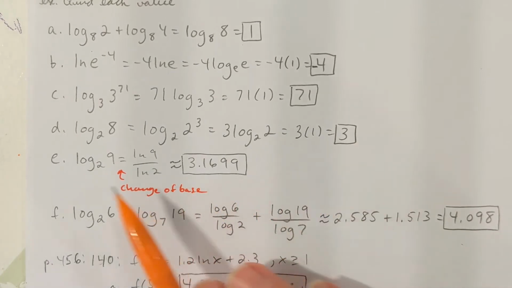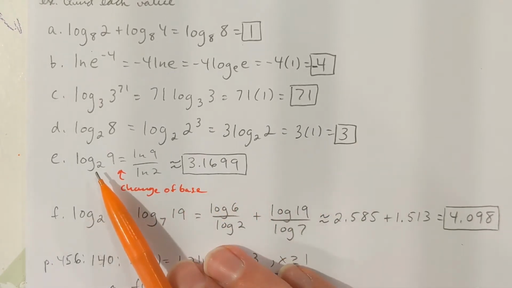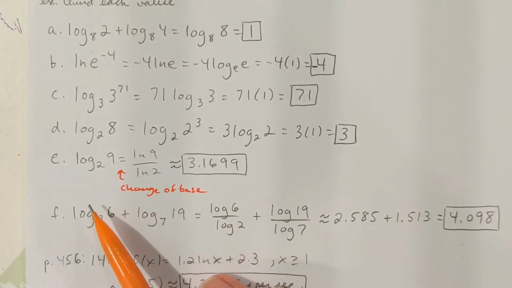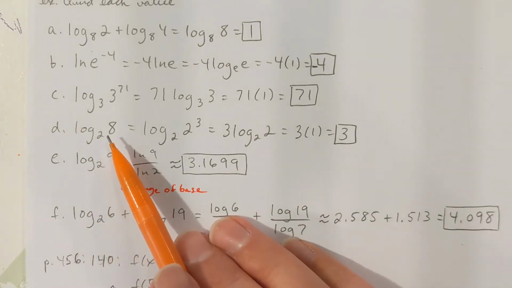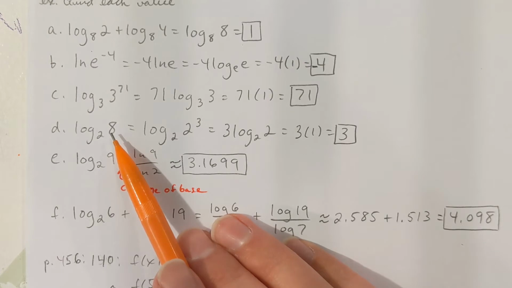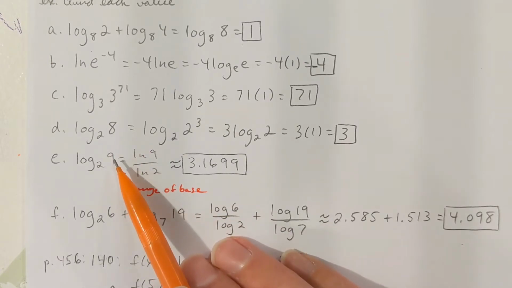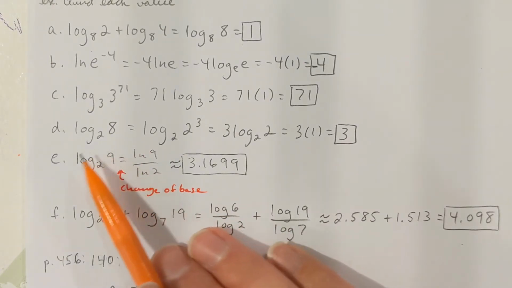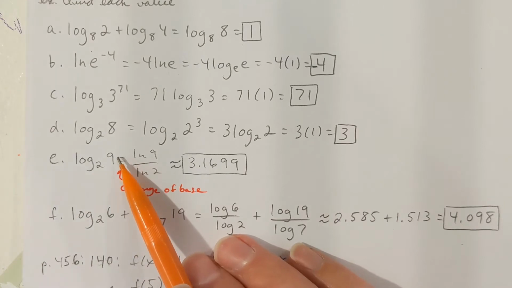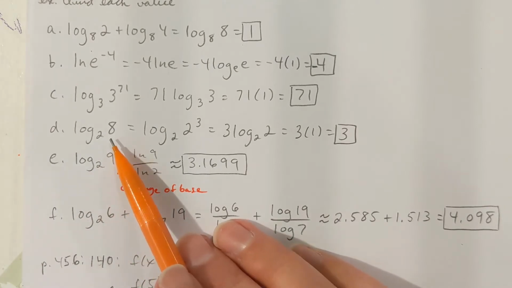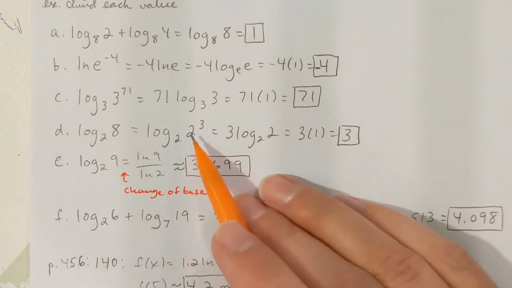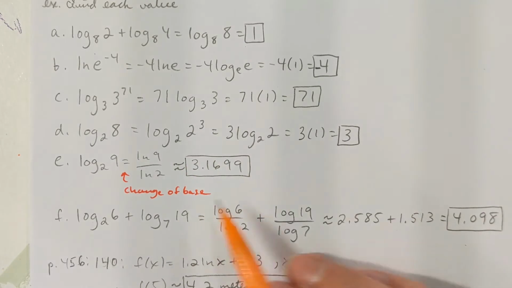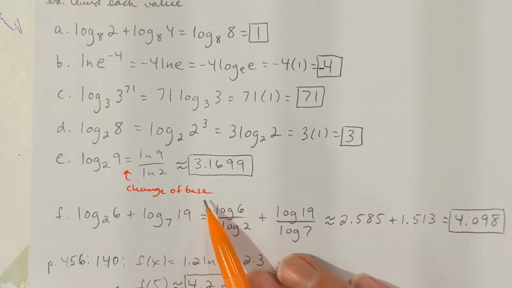Now, in part E, I want to find log base 2 of 9. In part D, it conveniently worked out so that 8 is a power of 2. Now, 9 is not a power of 2. So this problem is going to be calculated differently from what we saw in part D. In a situation where you can't get the base and the input number to match, you want to consider changing the base.